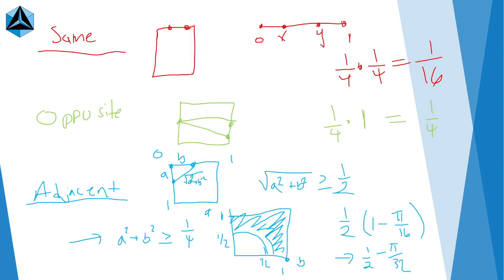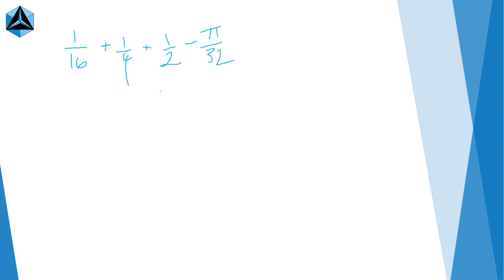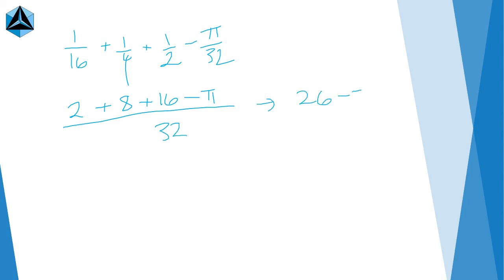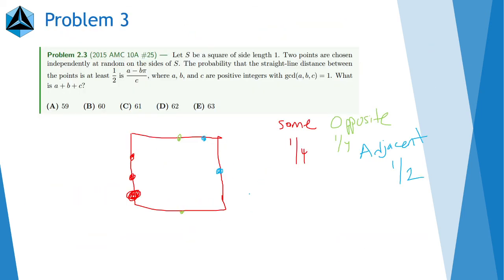So that's going to be 2 plus 8 plus 16 minus pi over 32. And that's going to be 26 minus pi over 32. That's going to be our answer. And going back all the way, our answer is 26 minus pi over 32.